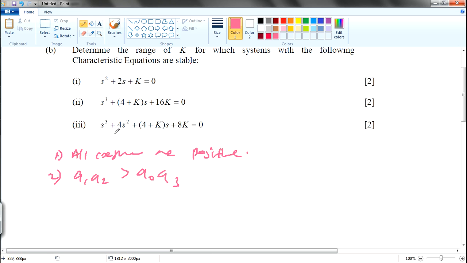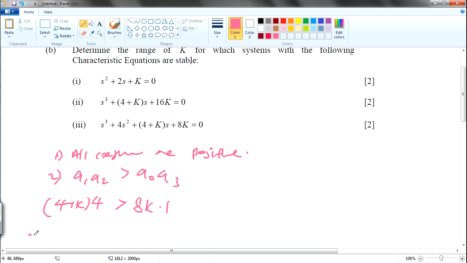In this case, a1 is the first order coefficient, so you have 4 plus k, and then a2 is 4, a0 is 8k, and a3 is 1.